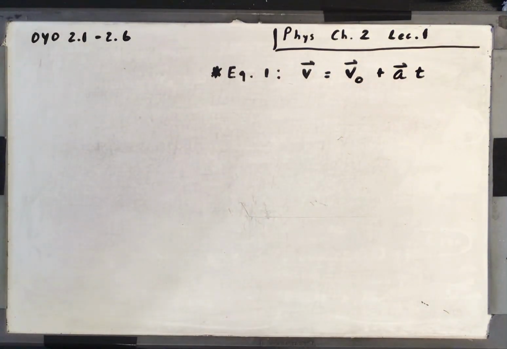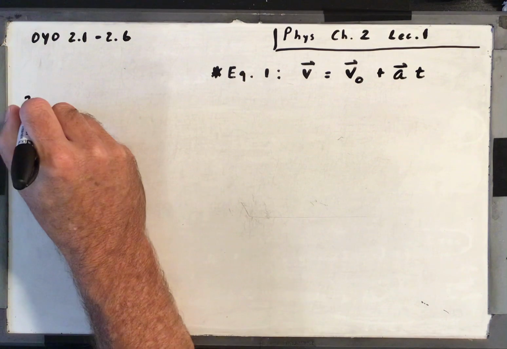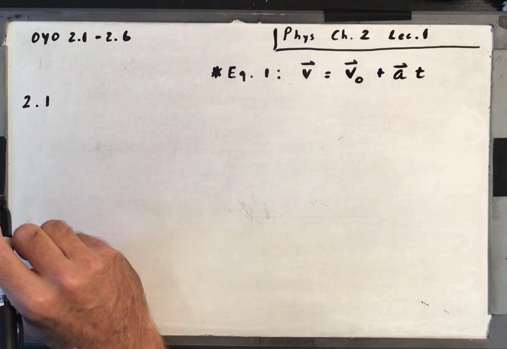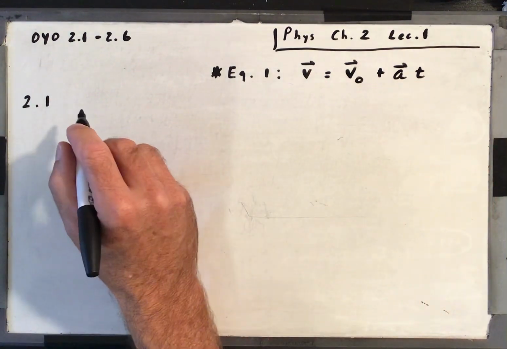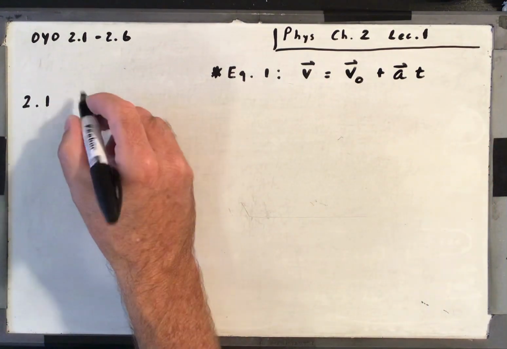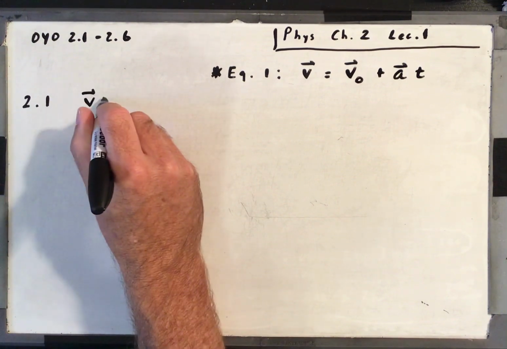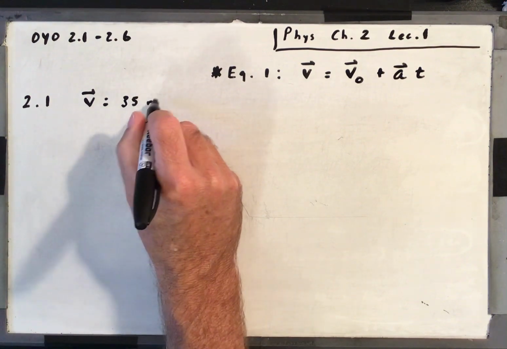The way I like to do these problems is let's write out what we know and what we're trying to solve for. We only know this one equation so far, so we know we're going to be using this equation. The final velocity, because the police car wants to match the speeder's velocity, is going to be 35 meters per second.